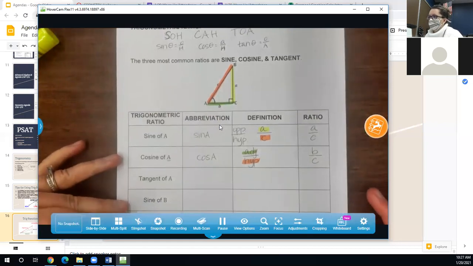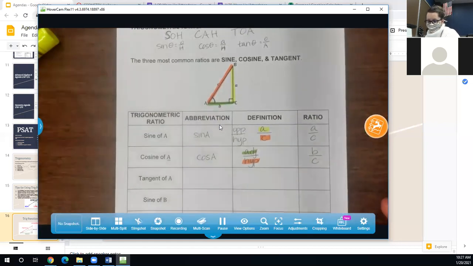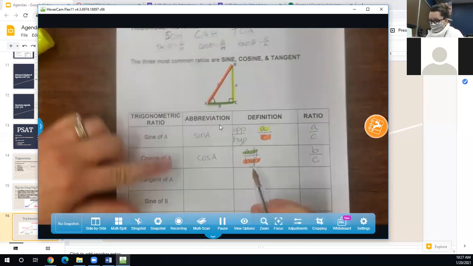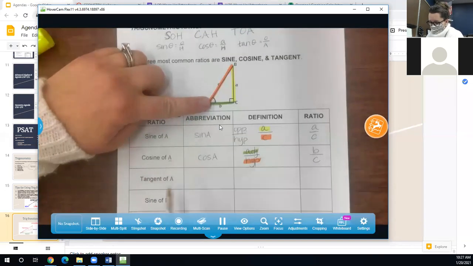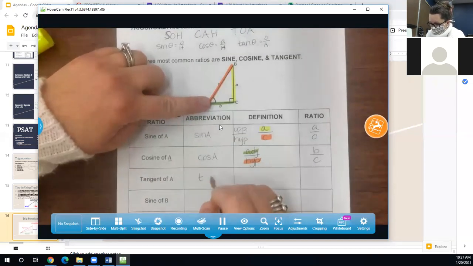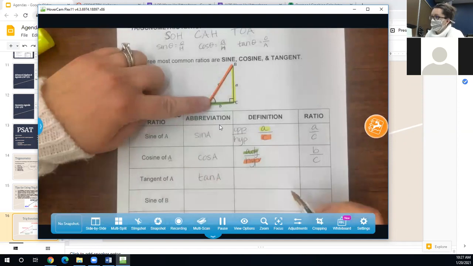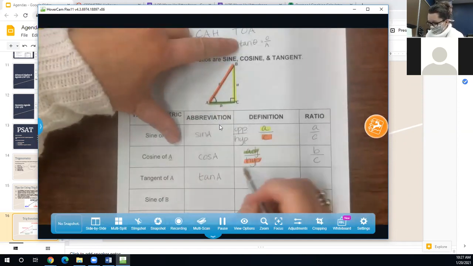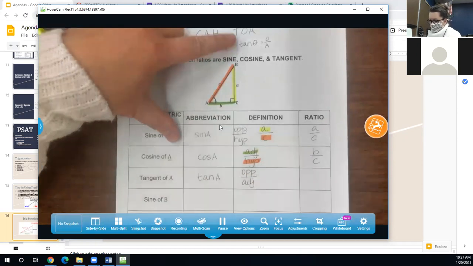So let's look at the last one, tangent. Tangent of A. So again, we're starting with our A angle. The tangent abbreviated is tan A, like that. So tangent is opposite over adjacent.